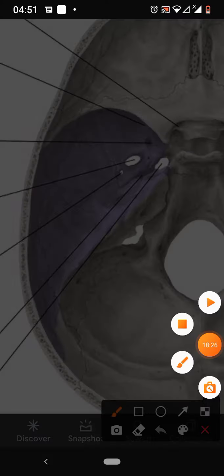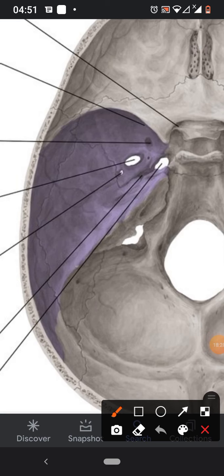Behind it another foramen is present, called the canaliculus innominatus, and from the canaliculus innominatus the lesser petrosal nerve is passing. Behind it the foramen spinosum is present, and from this foramen spinosum the most important structure passing is the middle meningeal artery.